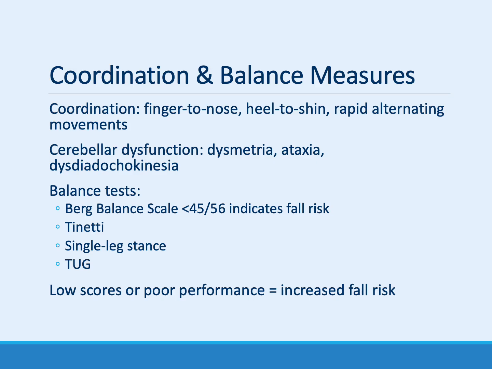And dysdiadokinesia, which remember is that difficulty with rapid alternating movements, are classic cerebellar signs that might be described. So if you see dysmetria, ataxia, or dysdiadokinesia described in a stem of a question, we're pointing towards cerebellar involvement.